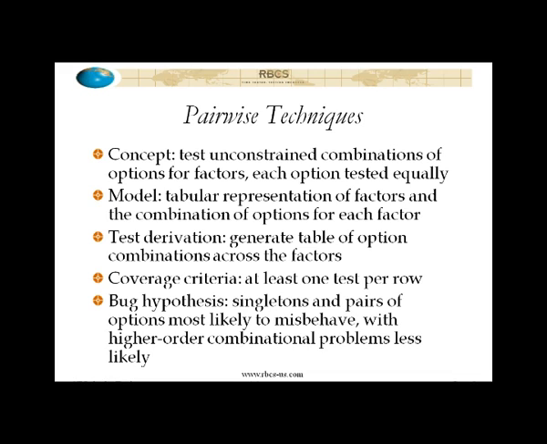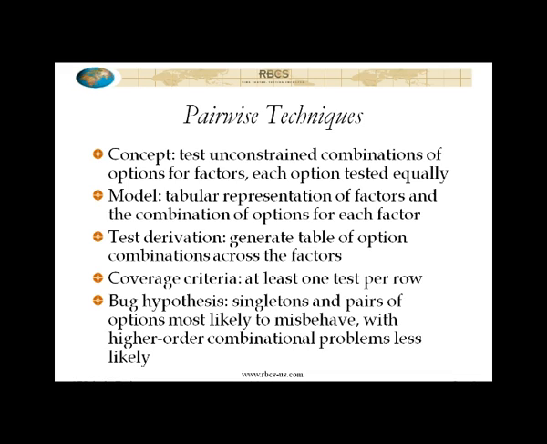Empirically, the number of observed failures that are triple specific or quadruple specific, in other words, that rely on a very exquisitely precise combination of options, are fairly rare. And therefore we would spend a lot of money chasing after bugs in situations where we would be unlikely to find them.